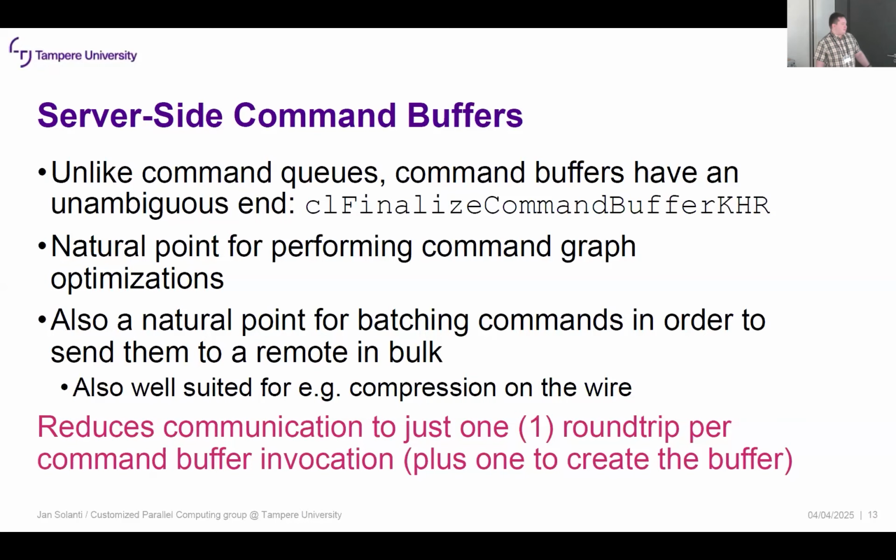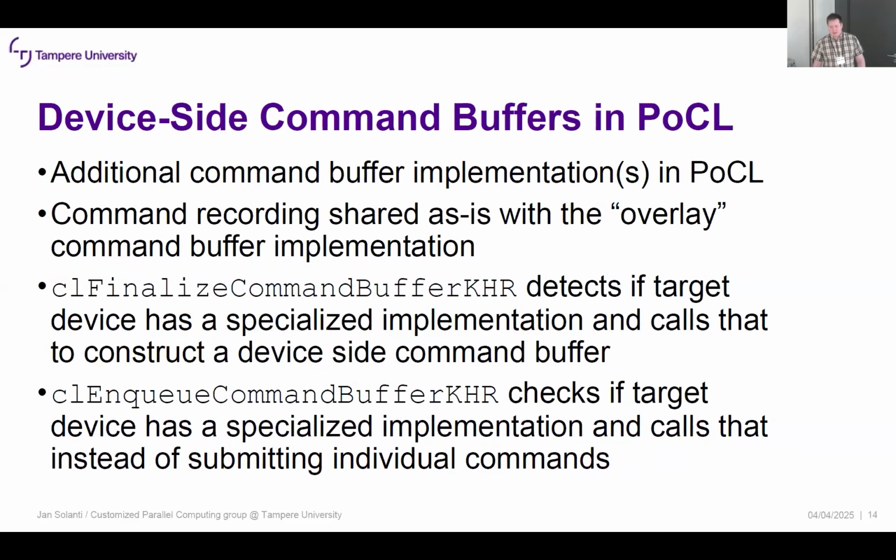So that way, we can also reduce the number of messages we need to send to the server to just one every time we want to launch the command buffer, and obviously one for creating it in the first place. So that's nice. It solves our problem. And that is what we have done in POCL then.